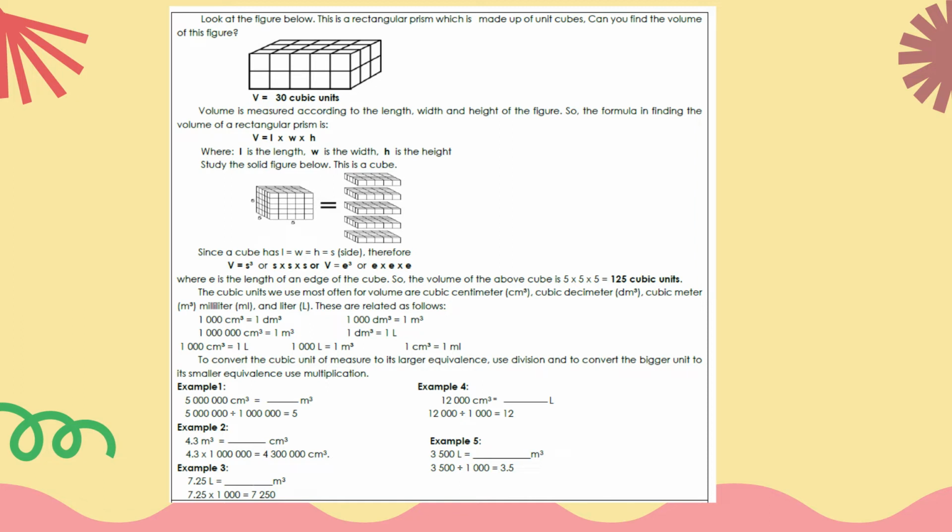These are related as follows. 1,000 cubic centimeters is equal to 1 cubic decimeter. 1 million cubic centimeters is 1 cubic meter. 1,000 cubic decimeters is equal to 1 cubic meter, and 1 cubic decimeter is equal to 1 liter. 1,000 cubic centimeters is equal to 1 liter. 1,000 liters is equal to 1 cubic meter.